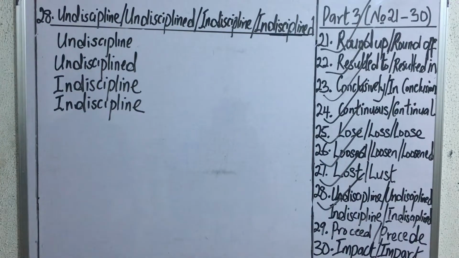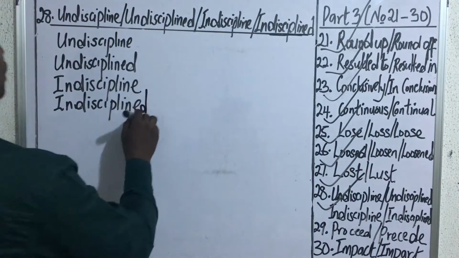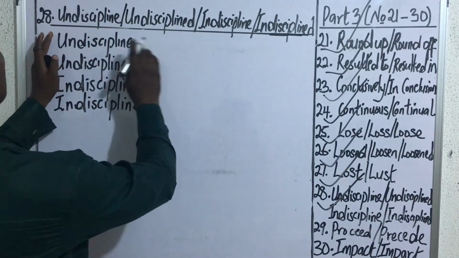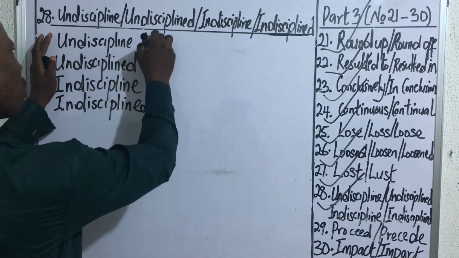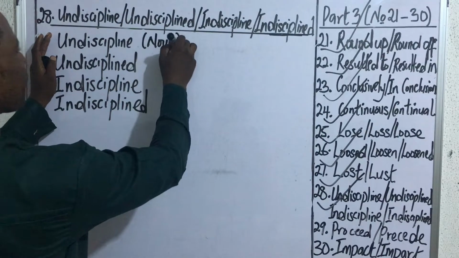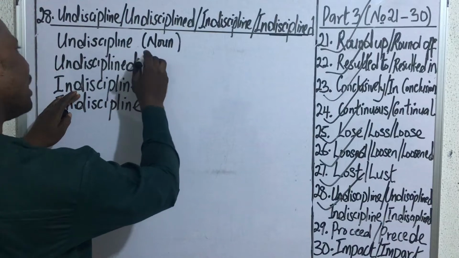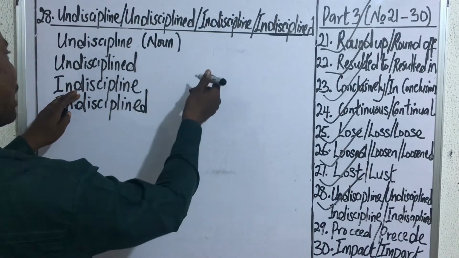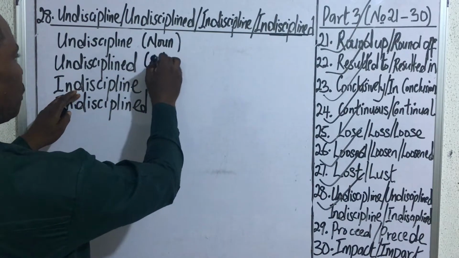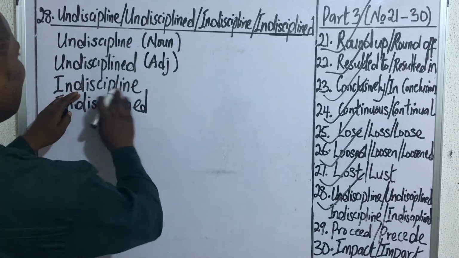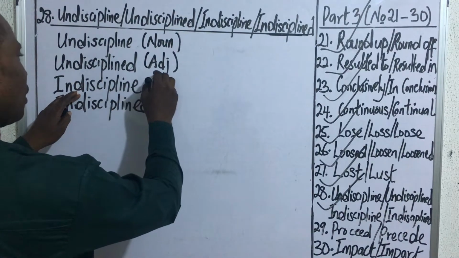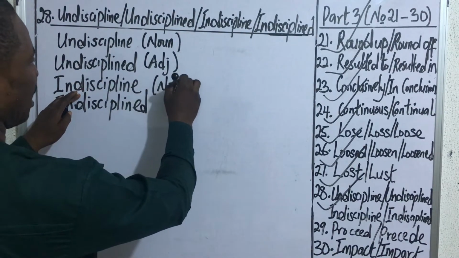Good. Now, what happened to this word is that undiscipline is supposed to be a noun, while undisciplined is a participle that will serve as an adjective. So you can call this one ADJ. Then indiscipline is, of course, a noun as well.